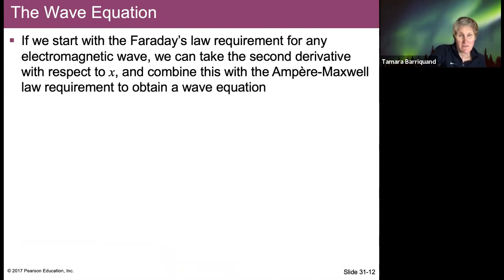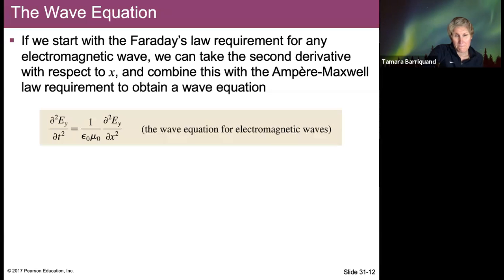So if we start with the Faraday's law requirement for any electromagnetic wave, we can take the second derivative with respect to x and combine this with the Ampere-Maxwell law to then obtain the wave equation. In that case, we would have d2E sub y dt squared equals 1 over epsilon naught mu naught d2E sub y dx squared, which is the wave equation for electromagnetic waves.